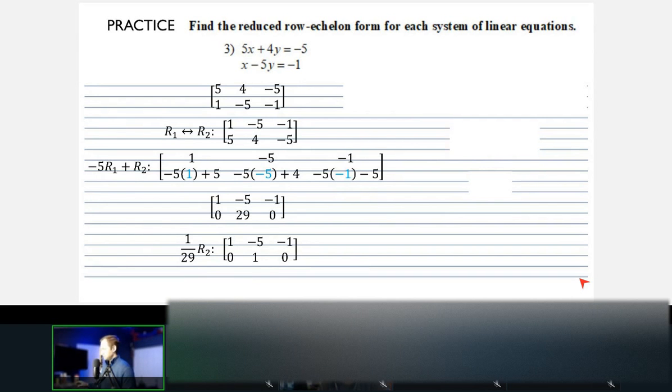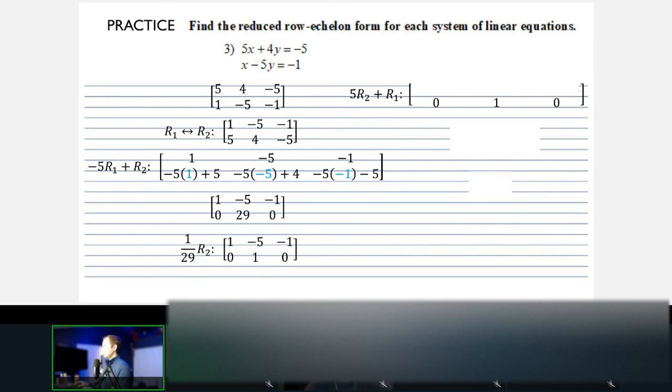So it looks like Noah says 5 times row 2 plus row 1. I would agree with you. Which makes sense, right? Because 5 times 1 is 5, plus -5 is 0. So yeah, that works. So 5 times our row 2 elements plus our row 1 elements.